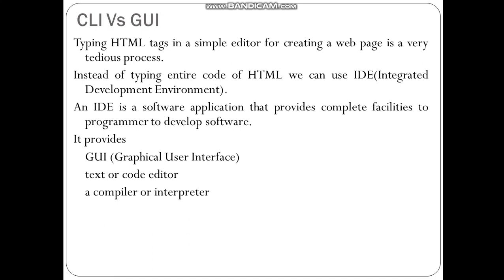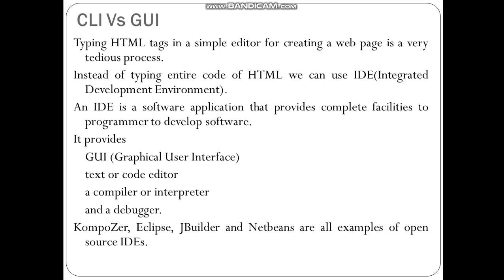Most browsers use an interpreter to convert an HTML program into output. So in IDE software, compiler or interpreter is also available, and debugger. If there is any mistake in the program, then you can find out the mistake. That is known as debugger.